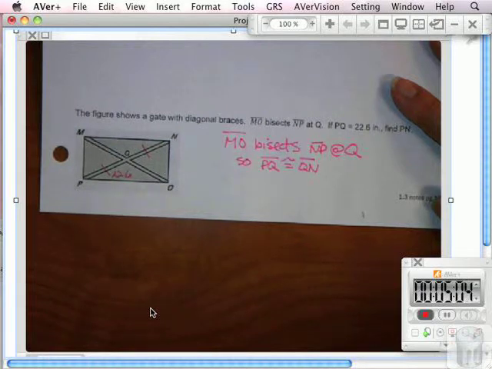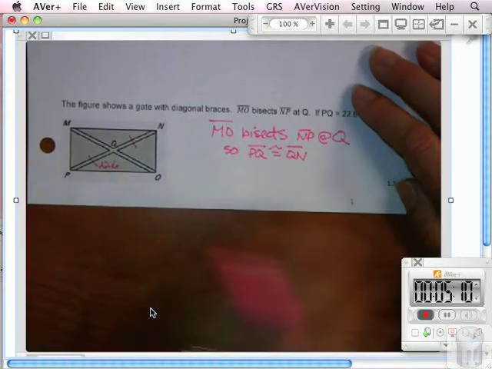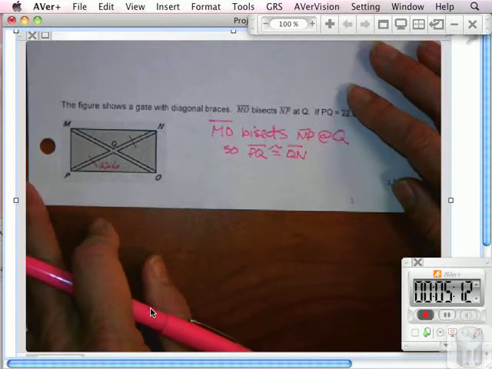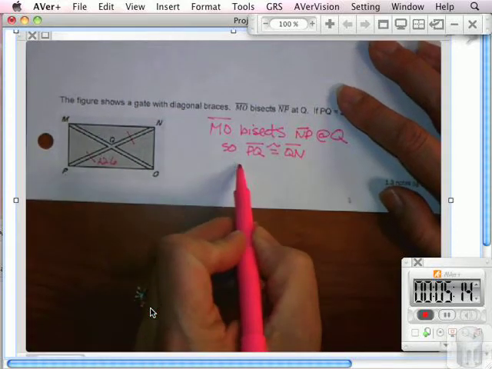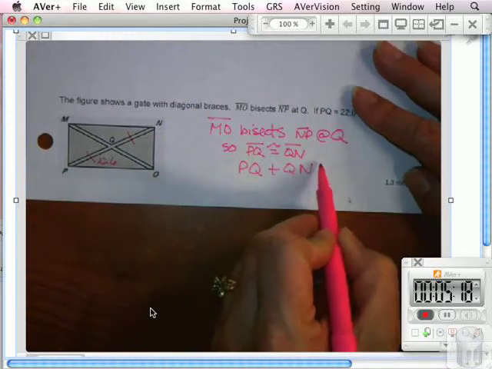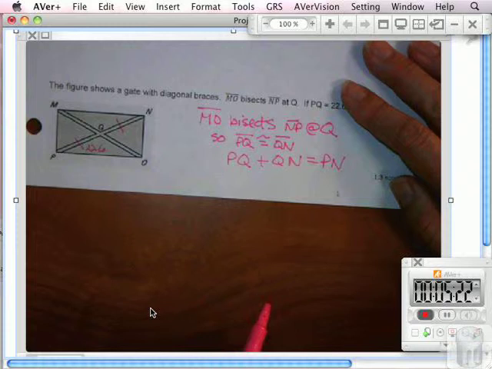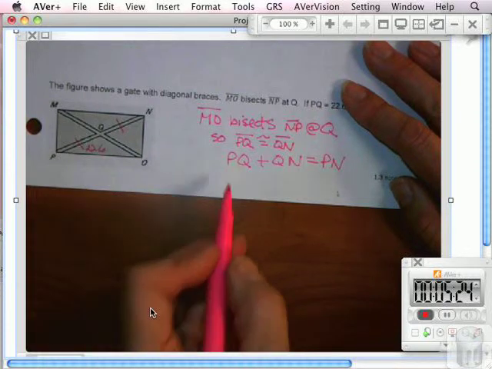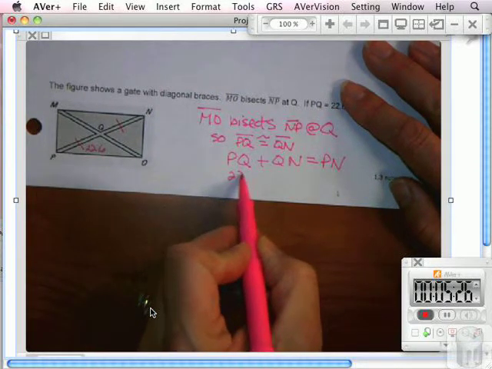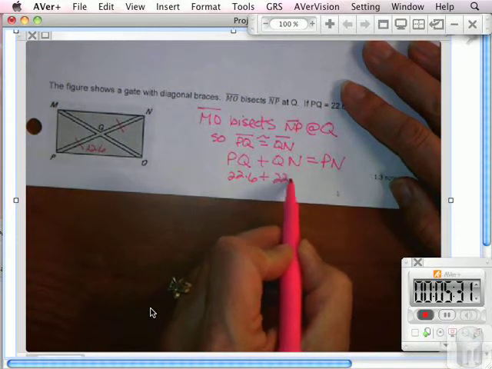This is all, of course, leading up to writing proofs, which you have to do in geometry, right? So PQ is congruent to QN. So therefore, I can say PQ plus QN equals PN. And I know that PQ is 22.6. And since QN is congruent, that's also 22.6.